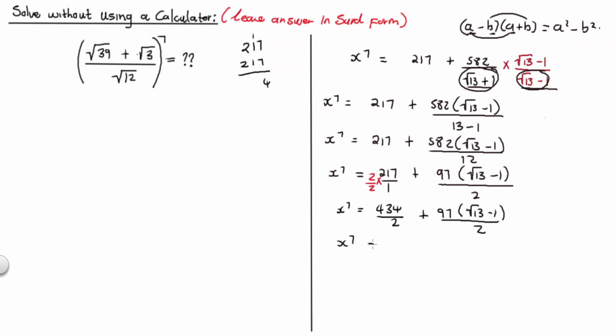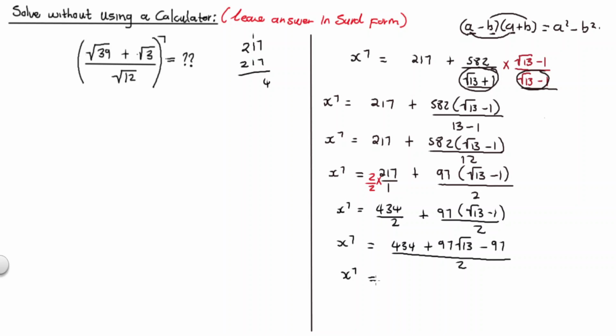Now the denominators are the same, so we're just going to add the numerators. Let's also remove the bracket: 97 square root 13 minus 97, divided by 2.